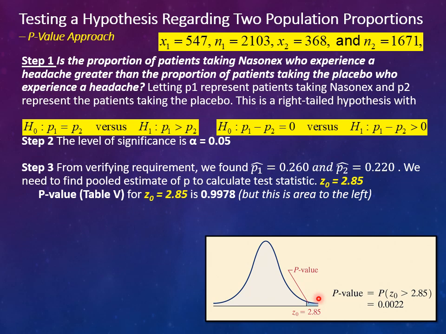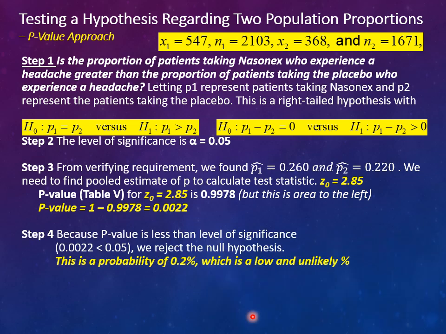When we have that situation, we have to subtract the value from the table, 0.9978, from 1, because the whole area equals 1, to find the area of the shaded region to the right in the right tail. And so we get that value is 0.0022.